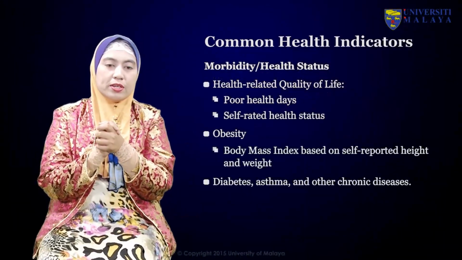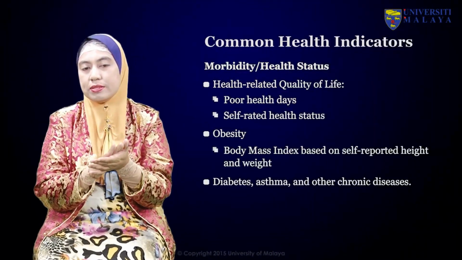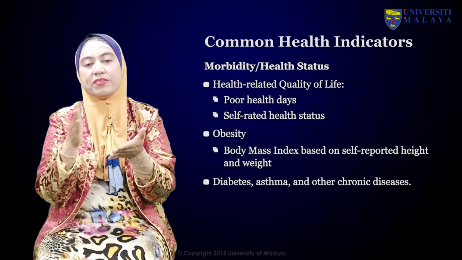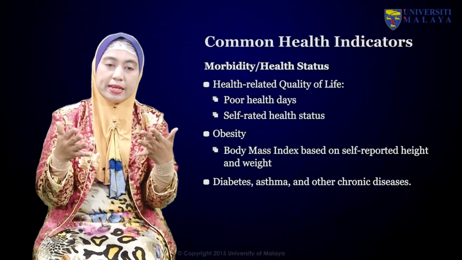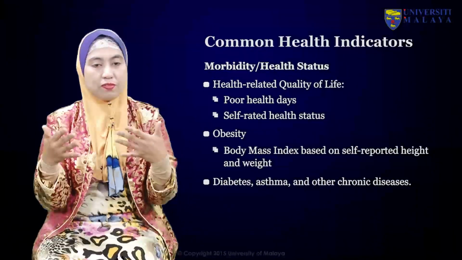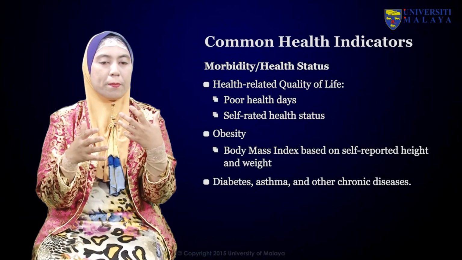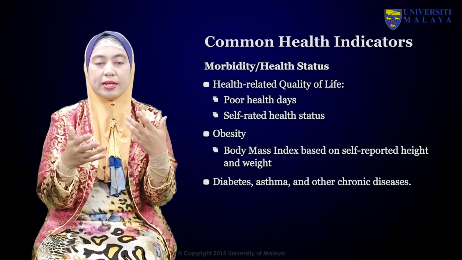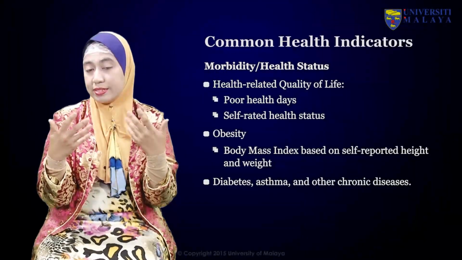Okay, so when we talk about common health indicators in family health, I would like to give an example of mobility or health status under health-related quality of life. We used to see how many poor health days they have, and they can self-rate their health status.